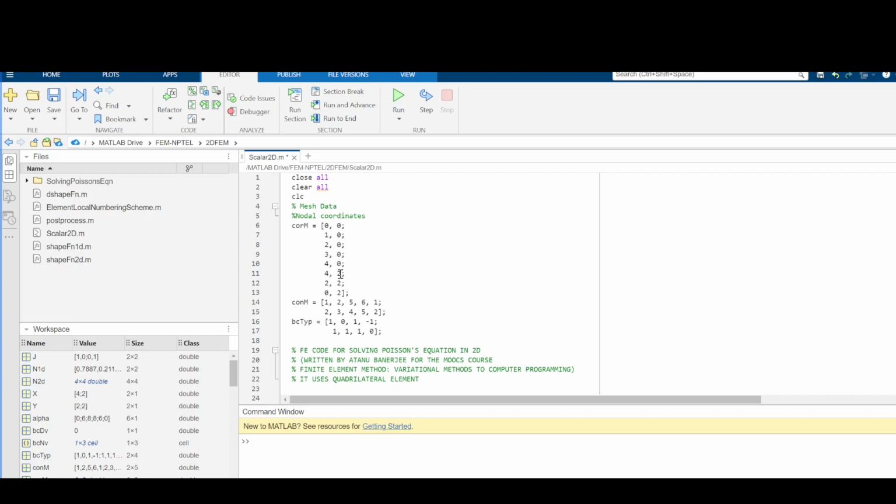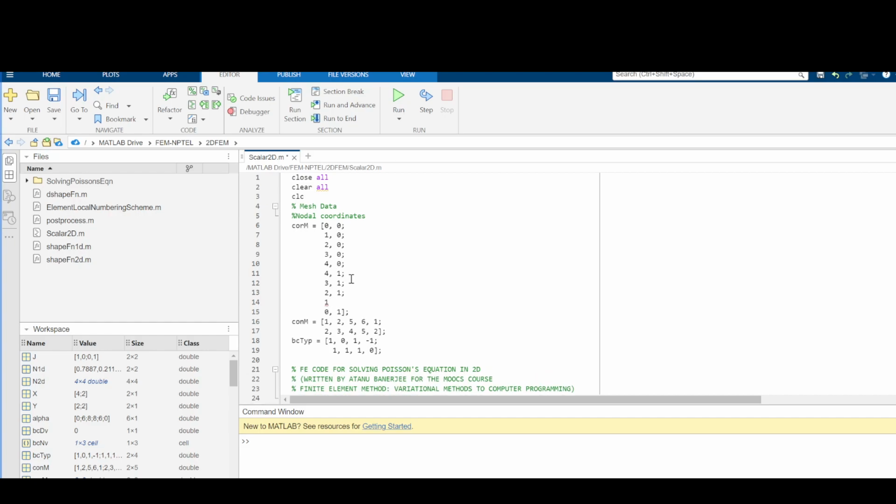Then we have 4, 1, then 3, 1, 2, 1, and 1, 1. So we have a total of 10 nodes.